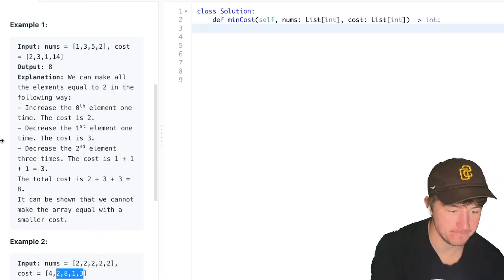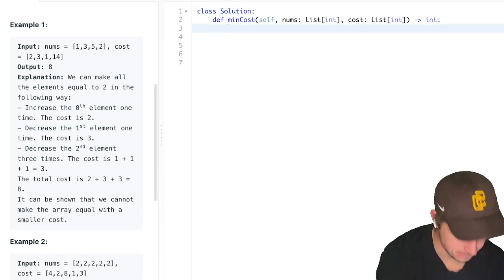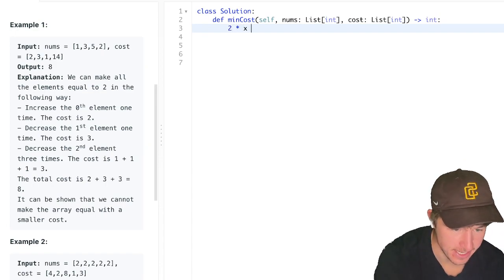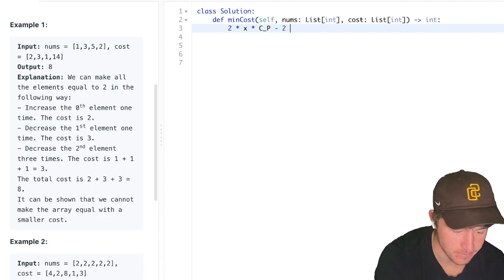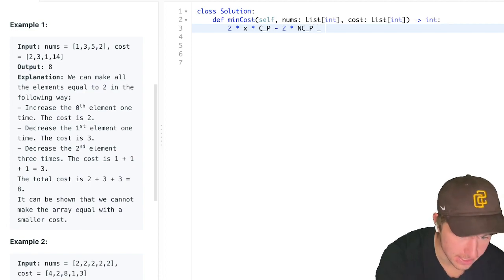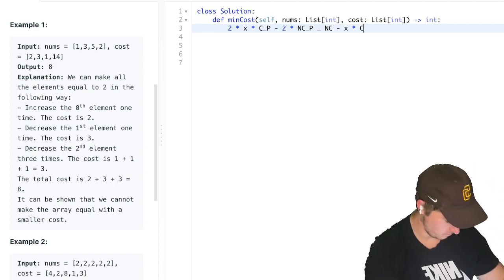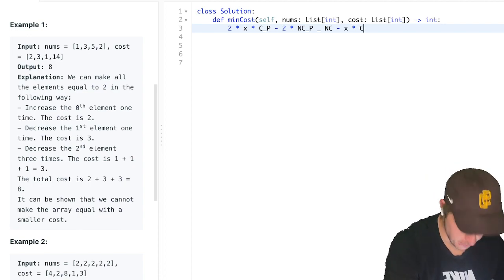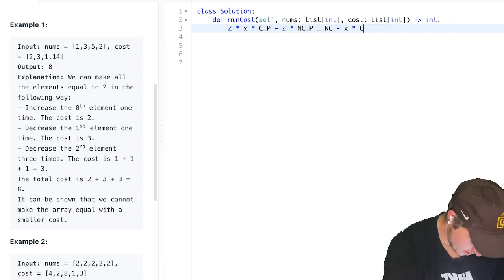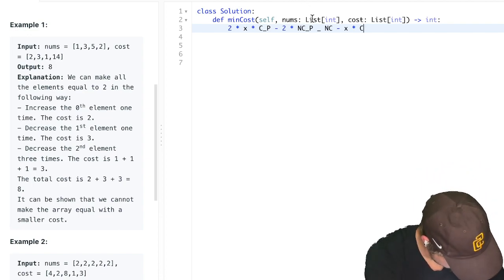Okay, so let's go ahead and just do that. Let's try at least. So I'm going to write the formula down. Our formula is 2 times x times c prime, minus 2 times nc prime, plus nc minus x times c.